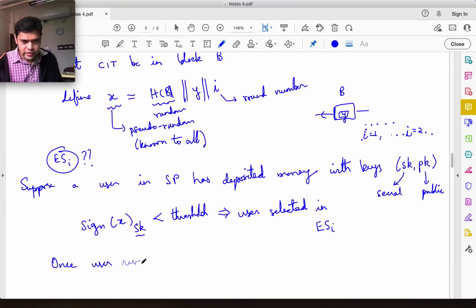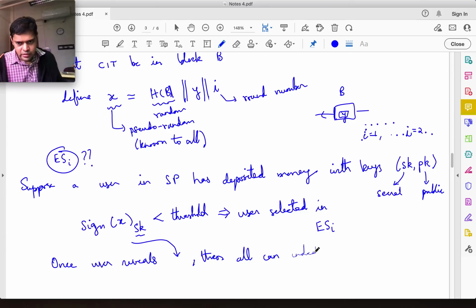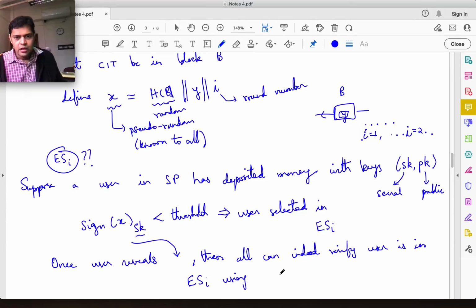Once the user reveals this signature, then all can indeed verify that the user is in execution set I. Using what?